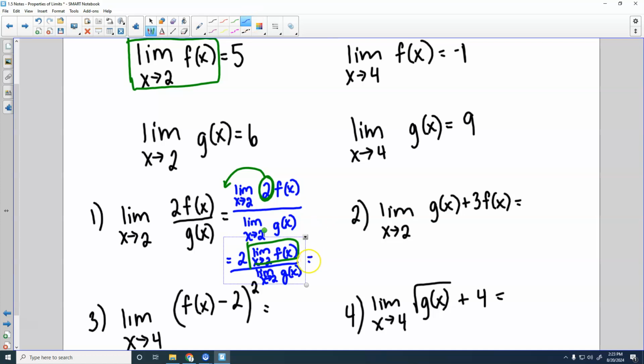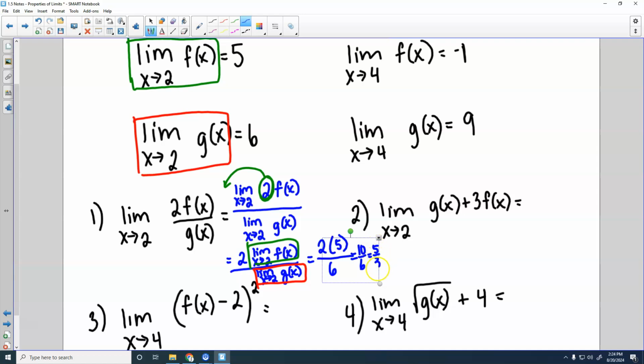So this is going to be 2 times 5 over, and then right here, I've got the limit as x approaches 2 of g of x. What did they tell us the limit as x approaches 2 of g of x is? 6. So that is going to give me 10 over 6, which reduces to 5/3.